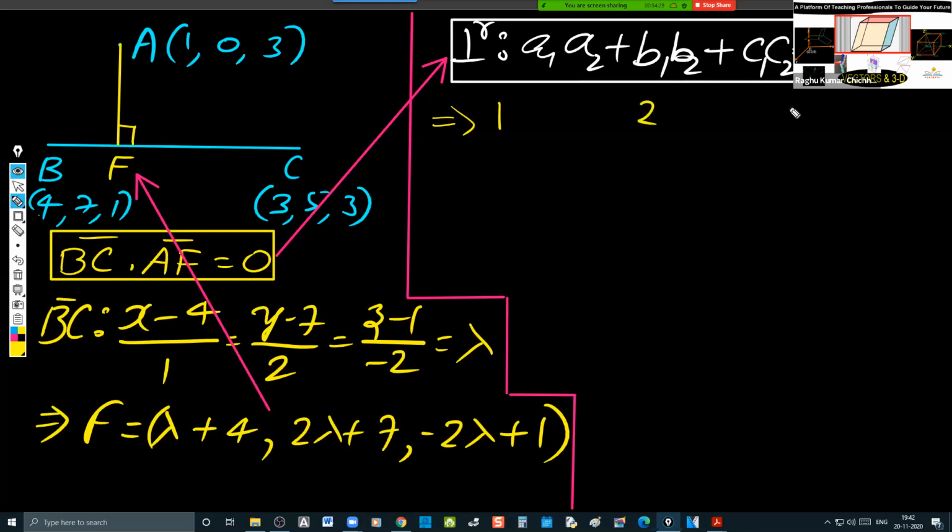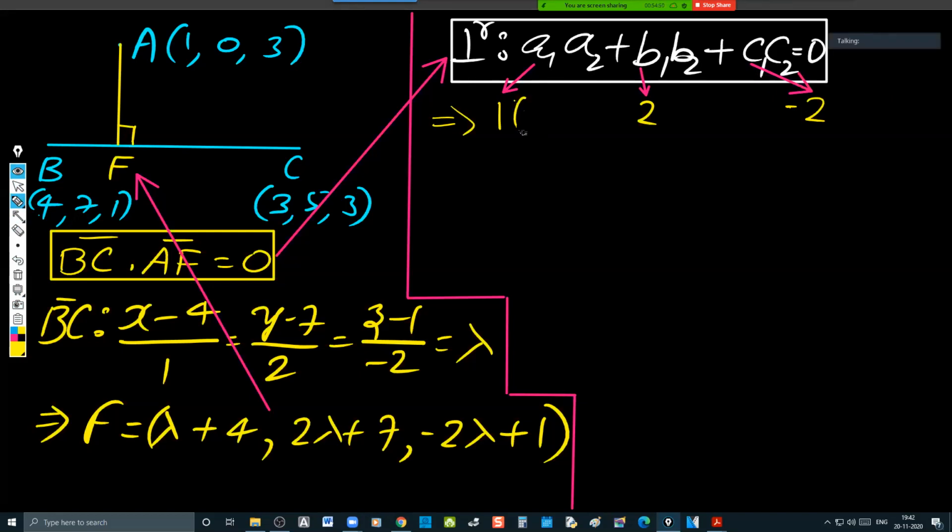I wrote that; for more clarity, this is A1, this is B1, this is C1. Now tell me what are A2, B2, C2?